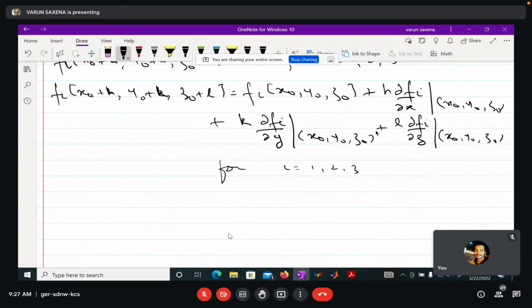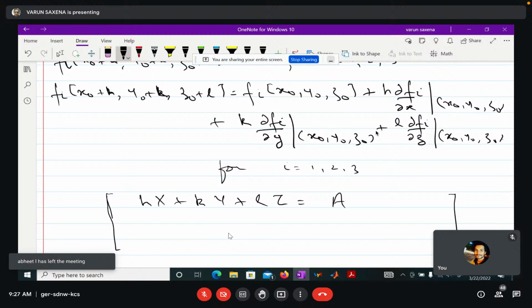So now when you solve this, you will get a system of 3 variables, linear equations. You will get a system like hX plus kY plus lZ equal to, let's say, a, right? Where your X is going to be del f1 over del x, Y will be del f1 over del y, and Z will be del f1 over del z.